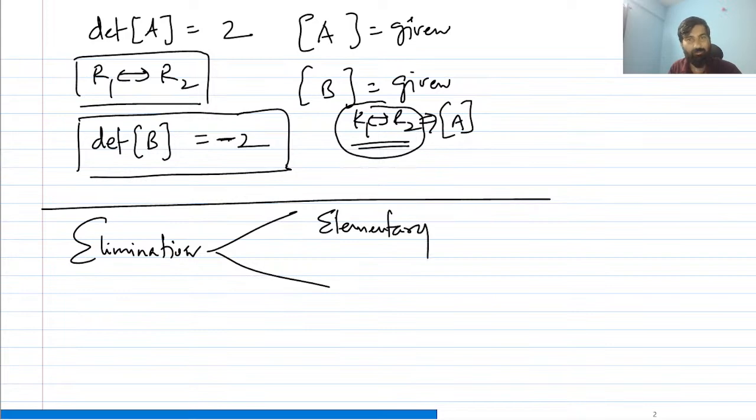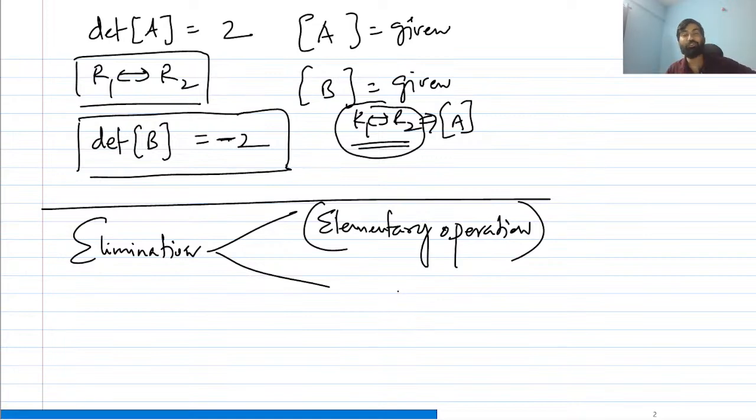What can be elementary operations? You can take one row and completely eliminate that row; row elimination, you can say.